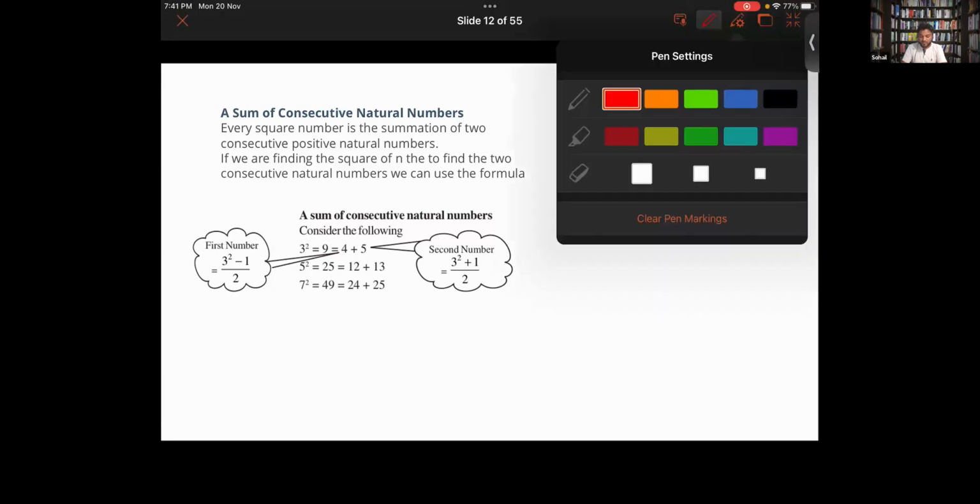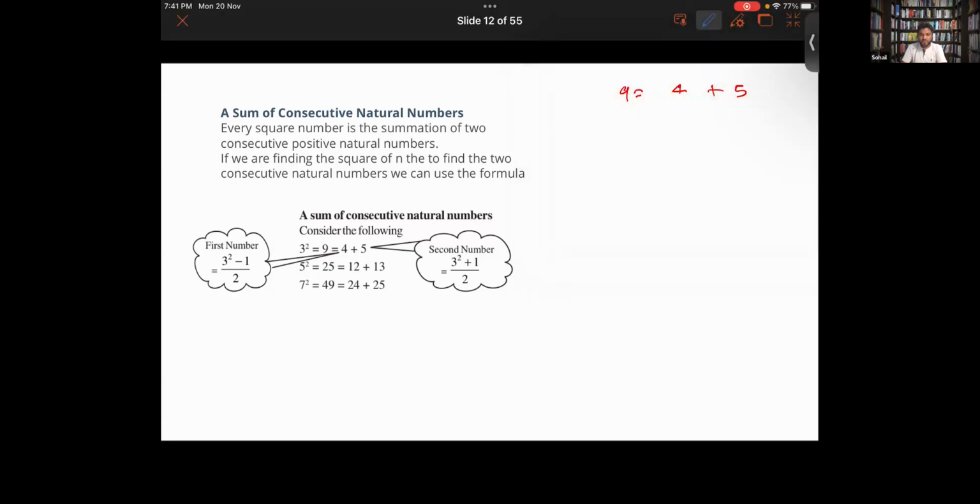Give some other examples. You guys give some example of a square number. 256. Okay, I can write 256 as the addition of two consecutive positive natural numbers. I can show 256 in the form of the sum of two positive natural numbers. How do I do that?